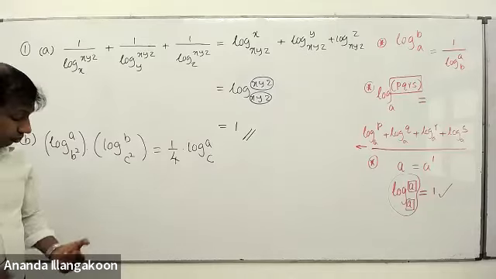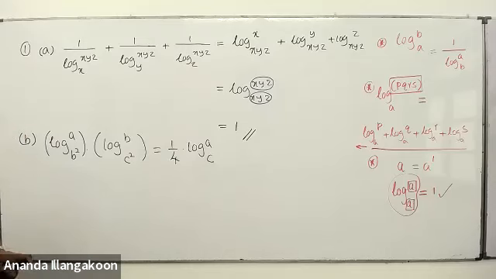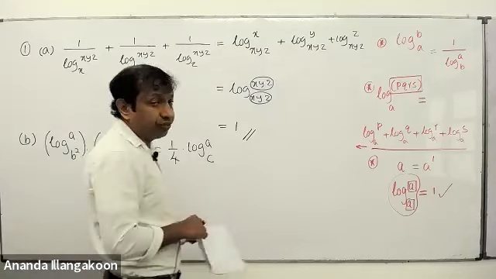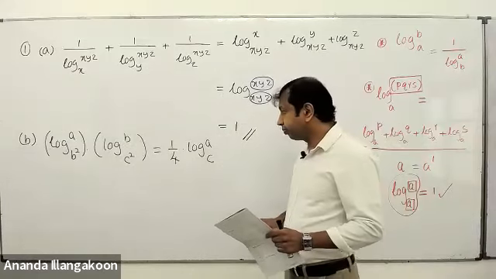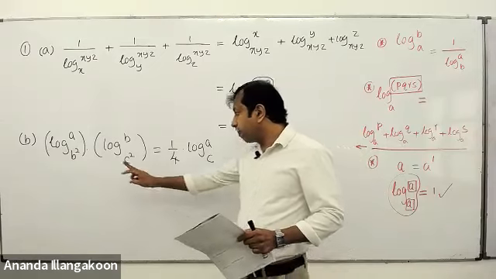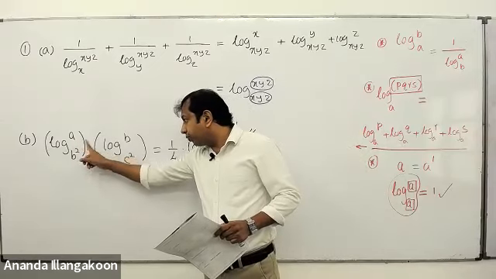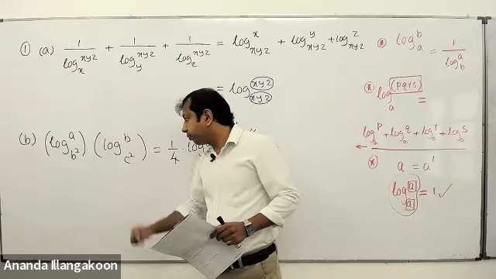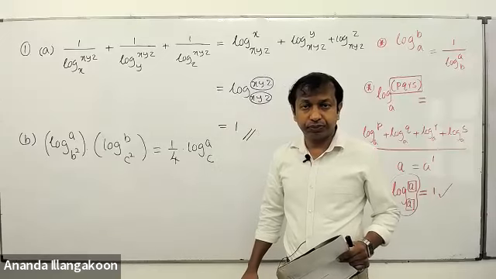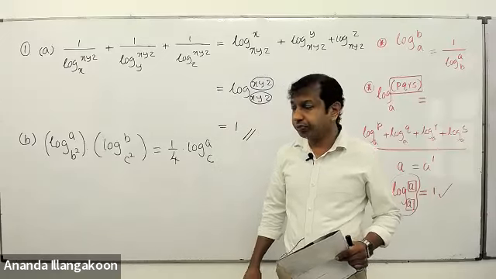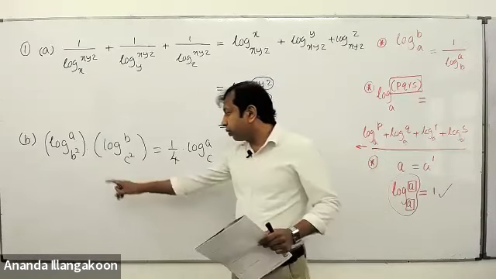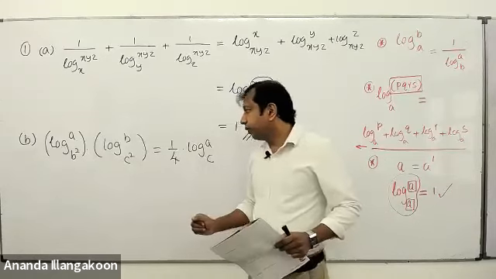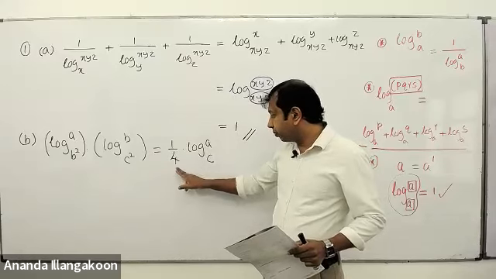Now, when you consider this question, you can see on the left hand side we have a product of two log terms. We are asked to show that the product of these two log terms gives this answer.